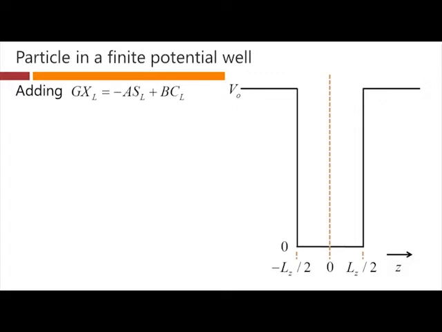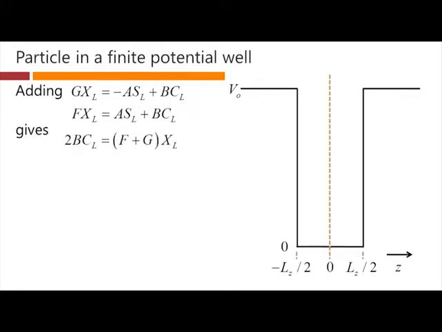So we can add this equation to this equation. These are two of the equations we got from the continuity of the wave function at the boundary. And when I say adding two equations, I mean I'm going to add the left-hand side and see what that gives me, and I'm going to add the right-hand sides and see what that gives me. The sum of these left-hand sides must equal the sum of these right-hand sides.